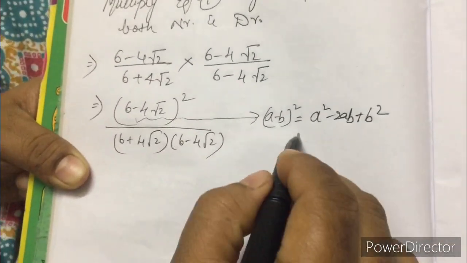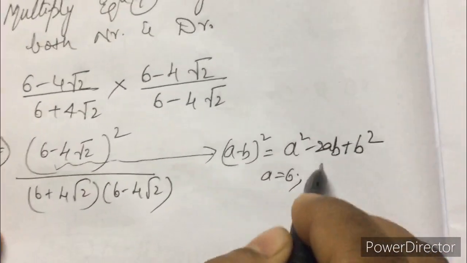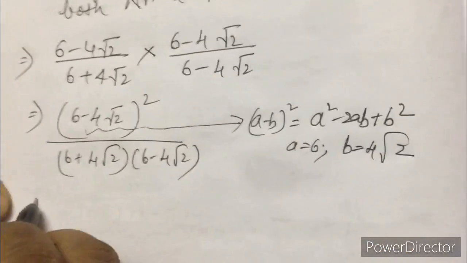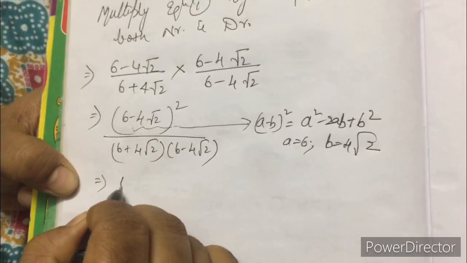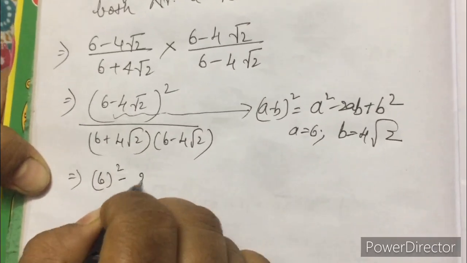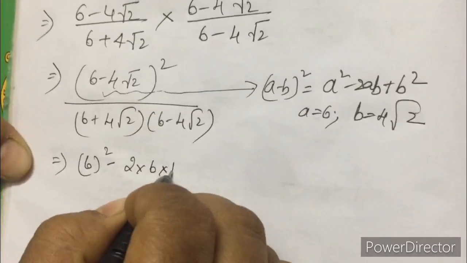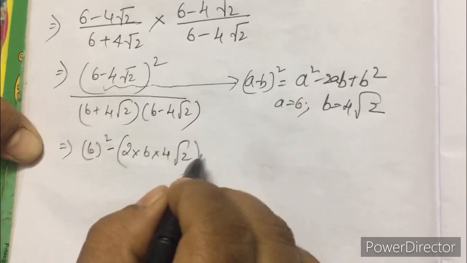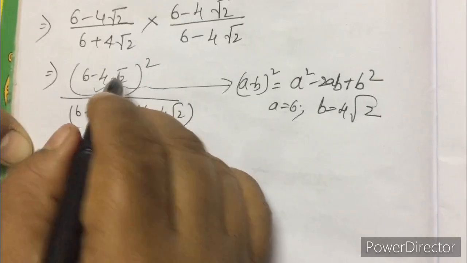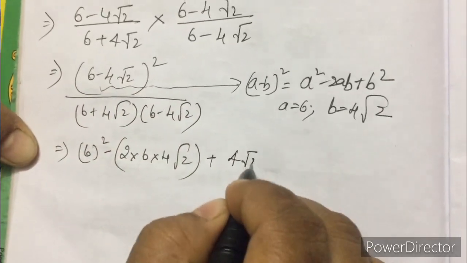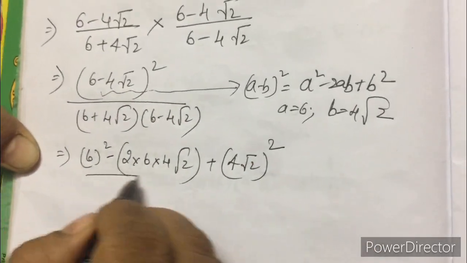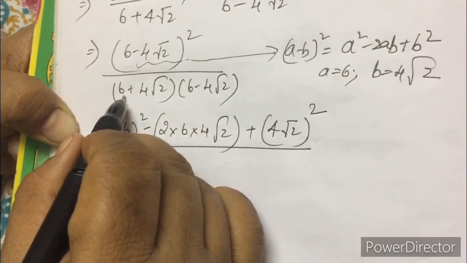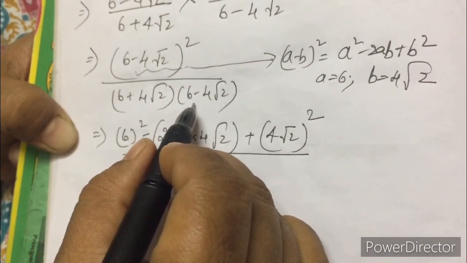Here A is 6, B equals 4 root 2. Substitute in this formula. A square, 6 whole square, minus 2 into 6 into 4 root 2. See students, this is 2AB plus B square. What is B here? 4 root 2 whole square. Is it clear to everyone? Okay.